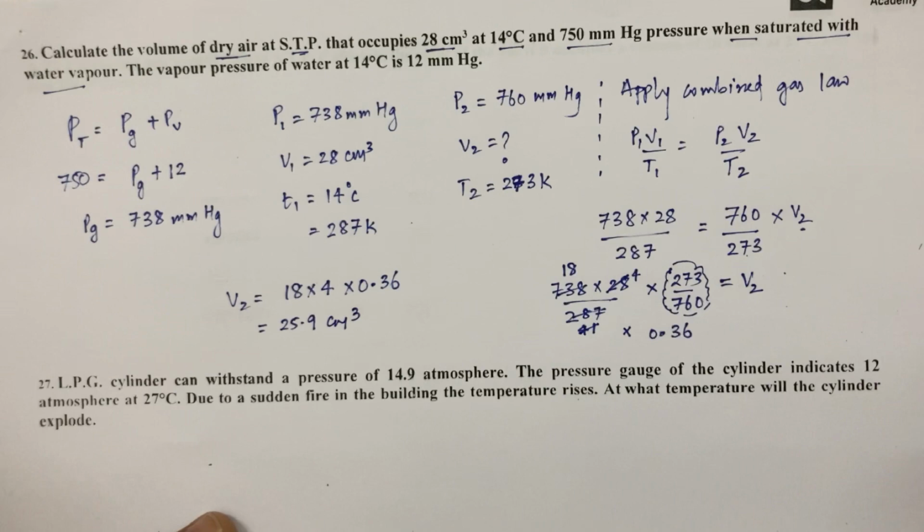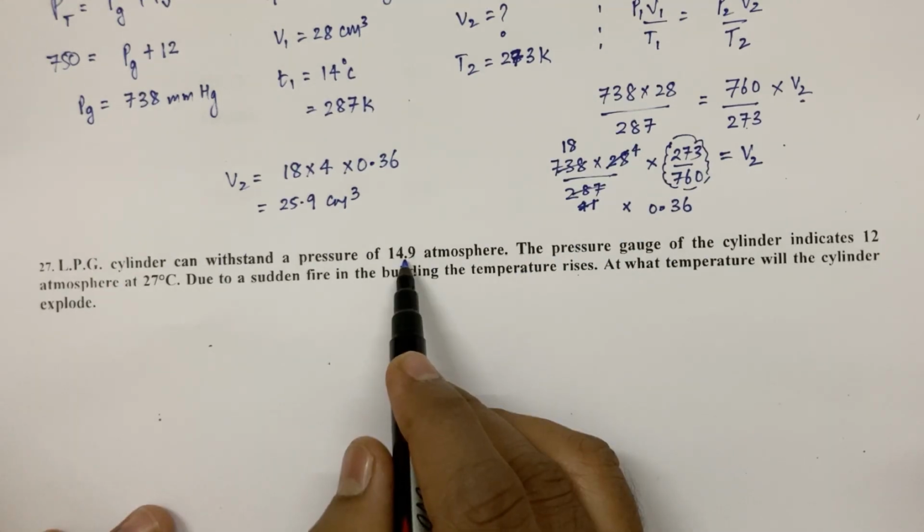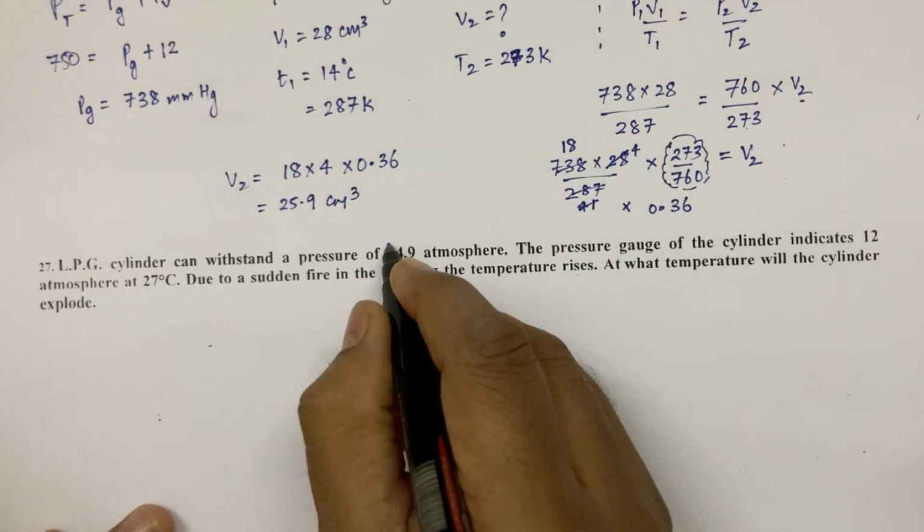Cylinder will explode when this pressure will be equal to 14.9 atm. Okay, so they are asking us at what temperature this pressure will be attained. So now T2 is the question mark. So now given single cylinder, so volume is constant.